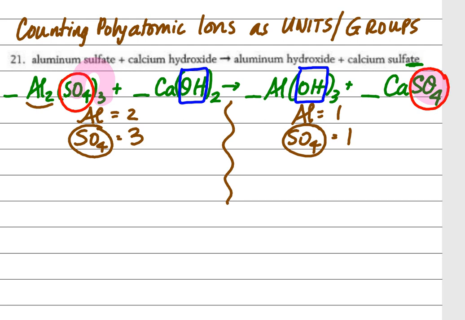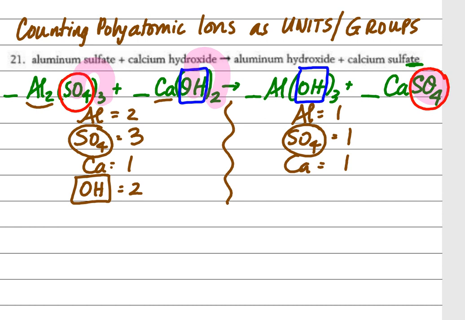Next, how many calcium on the reactant side? 1. How many calcium on the product side? 1. And finally, how many hydroxide groups? There are 2 hydroxide groups. After all, that's what that means. When you put the hydroxide in parentheses and then put a 2, that means there are 2 hydroxide groups involved. Why?